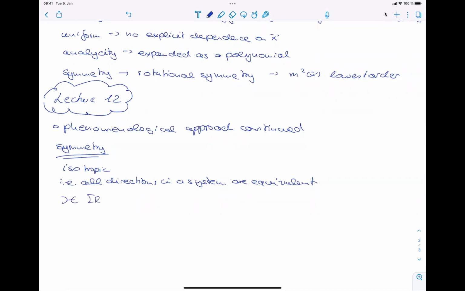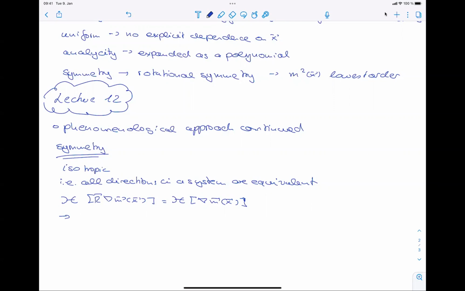So that means that also rotation applies to the gradient of the magnetization field. The Hamiltonian needs to be invariant under this. And so again, as previously with the rotational symmetry, that tells us that the lowest order I can have for these derivatives of the field needs to be of squared order.